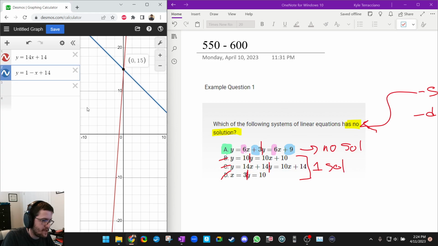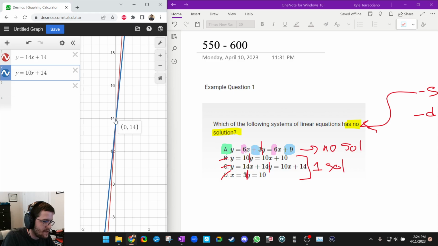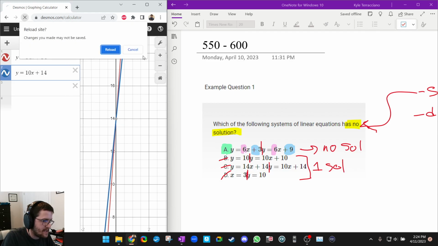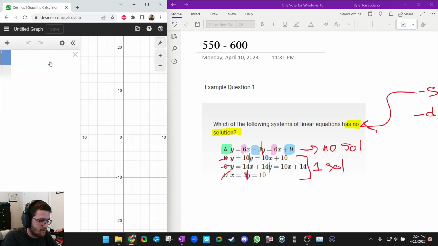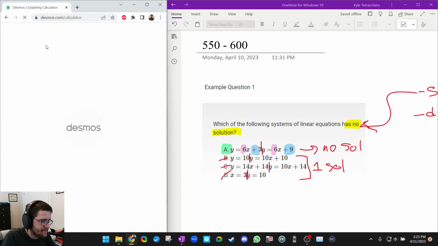Those have one solution. They cross. Oops, I typed it wrong. Still, those cross right there. So that has one solution, so that is out. Y = 10, y = 10x + 10. Those cross, those have one solution, so that's out.